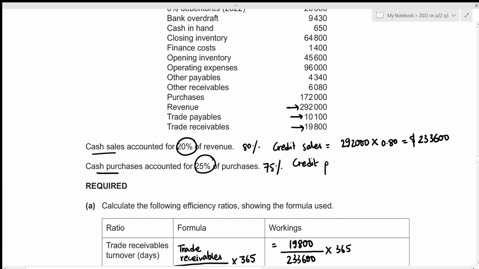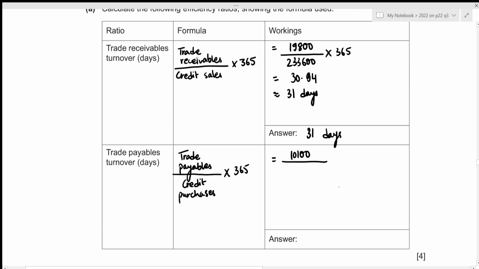So let's figure out credit purchases in a similar way as we figured out the credit sales. We have our total purchases to be 172,000. So the credit purchases is going to be 172,000 times 75%, which we can write down as 0.75. This results in an amount of 129,000, which is our credit purchases. So let's substitute this amount.